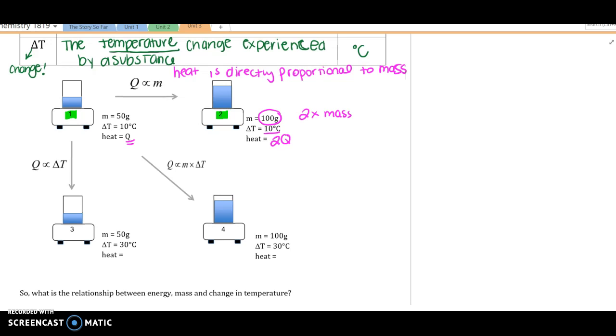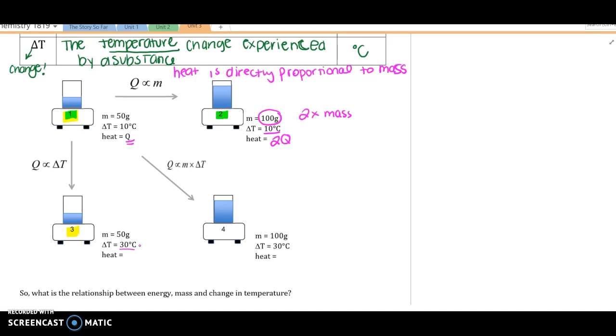For this next one, we want to compare scenario 1 with scenario 3. In this case, we have the same mass of the substance present, but we've now heated it up 3 times the difference in temperature. So what do we think is going to happen to the amount of heat required to change the temperature of that same 50 grams of substance?